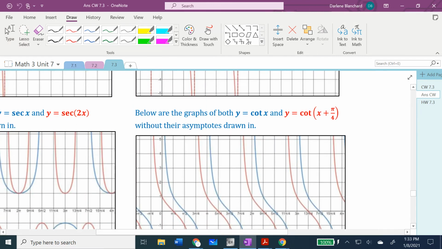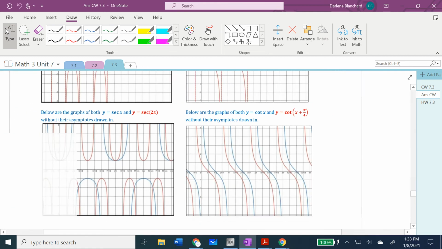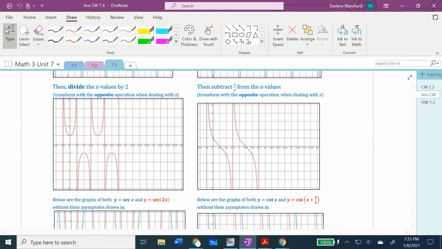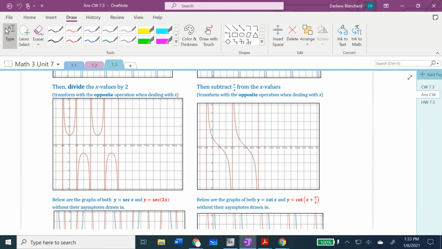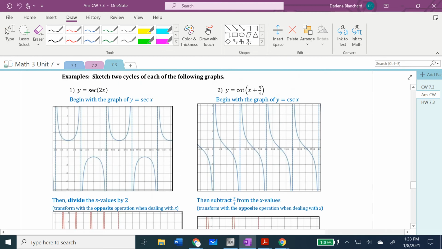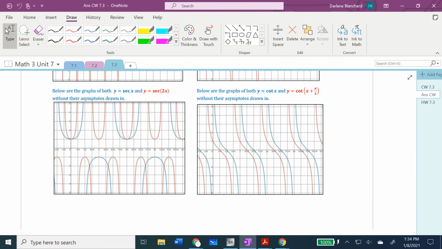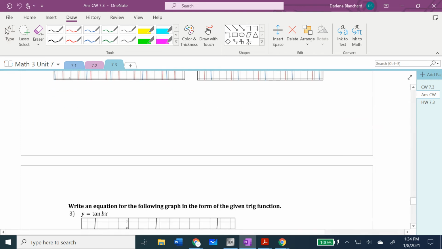I have a variety of pictures in the answer key just to help you out, showing you these are the final answers here, but these were the original graphs. And this is looking at the original and the answers together so you can see what happened.